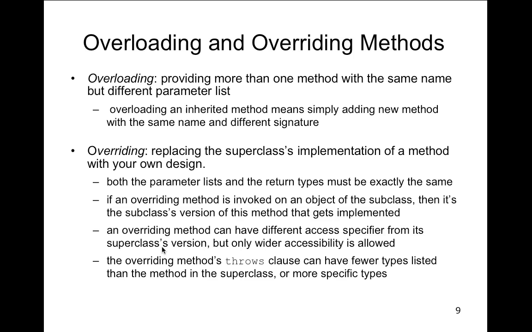And an overriding method can have different access specifiers from its superclass version, but only wider access is allowed. This would be those access modifiers we looked at: public, private, protected. So we can give more freedom to it. We can't make it less restrictive. That's what we can't do. Because the hierarchy, in terms of the way inheritance works, is a protective mechanism. A lot of the base classes are private, private, private.